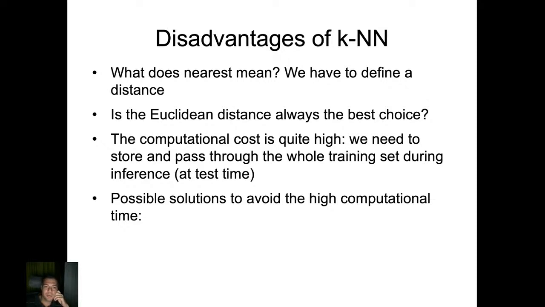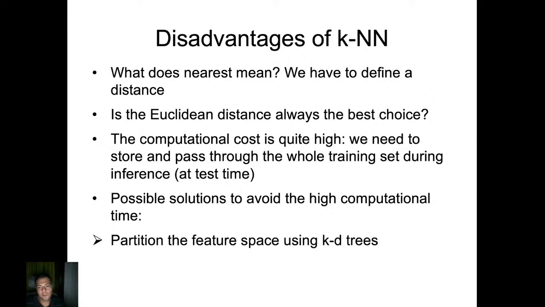Okay, but anyway, there are solutions to avoid this high computational cost. One example is to partition the feature space using KD trees.